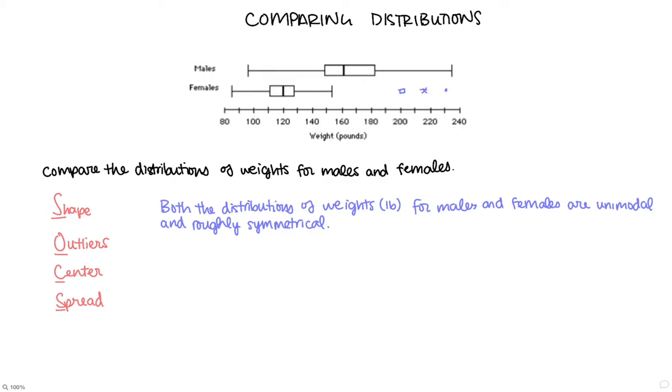These are just different symbols you may see on a graph. But here in this box plot, there are none. So we can say that none of the distributions contain outliers.